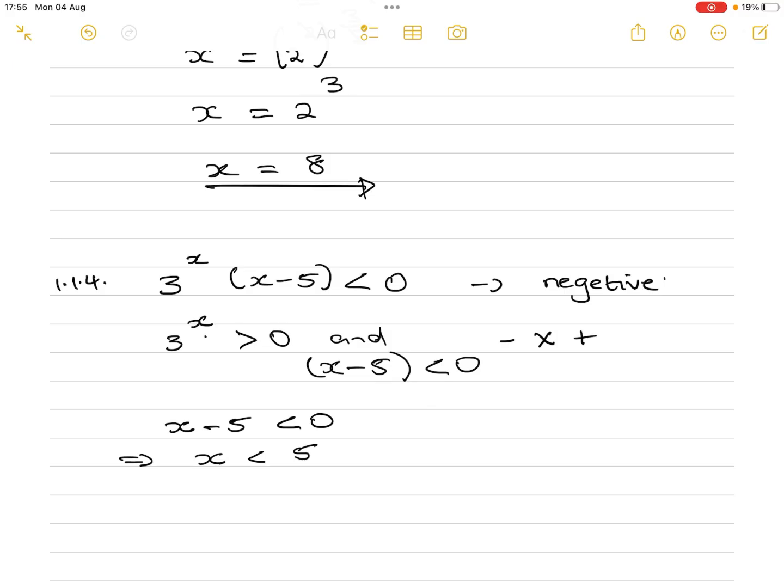So in this case, this is your result: 3 to the power of x will be greater than 0, and x will be less than 5. This is the only condition that will make this statement true. I hope I managed to explain this to the fullest.